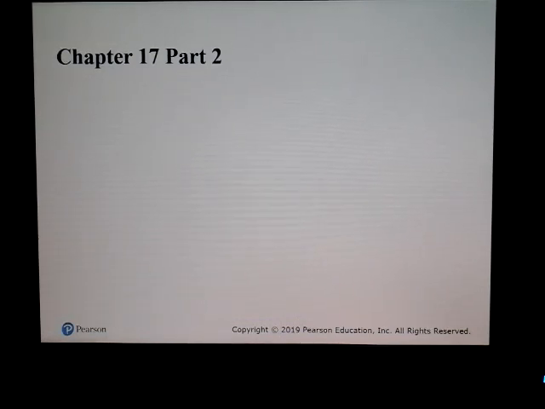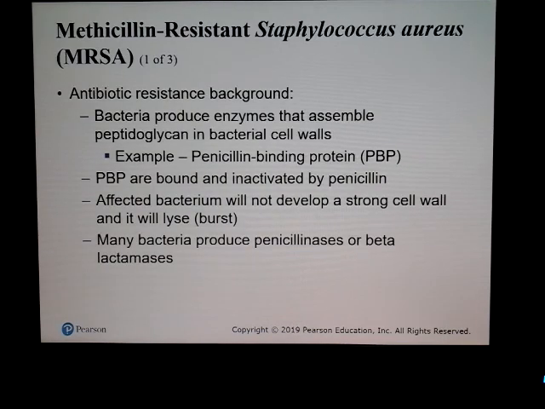This video is a continuation of skin and eye infection. So MRSA is methicillin-resistant Staphylococcus aureus. It actually is a type of Staph aureus that produces what we call a beta-lactamase or penicillinase, which can break down the beta-lactam ring.